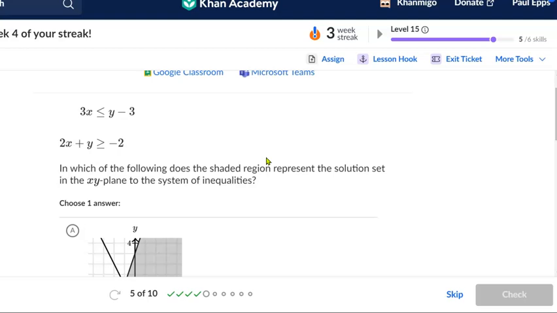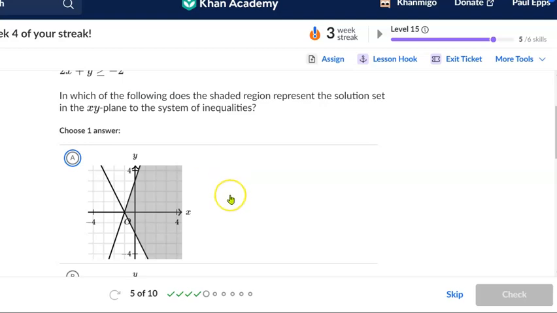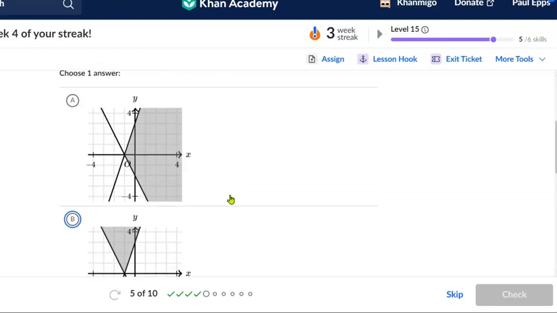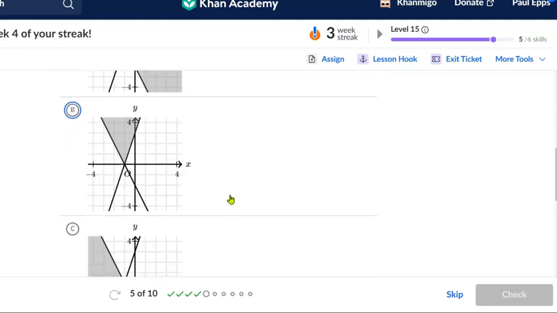Y is greater than or equal to 3x minus 3. So all the y values have to be above the line because they are greater than the equation of the line. So the shaded region has to be above that line, the line that slopes upward and to the right. That's not the case in A. So A is out. B, I don't know why B is selected there.